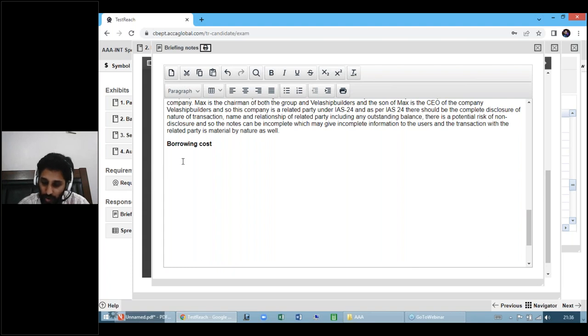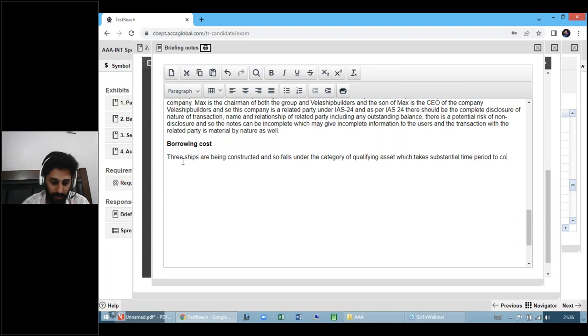The 3 ships are being constructed and fall under the category of qualifying assets, which take a substantial time period to complete and be ready to use.